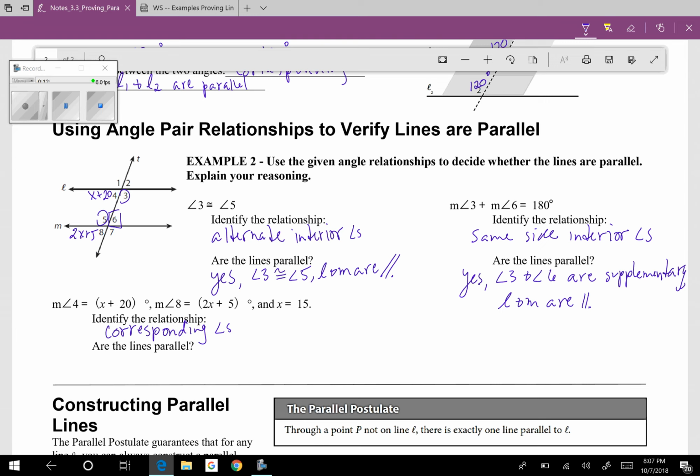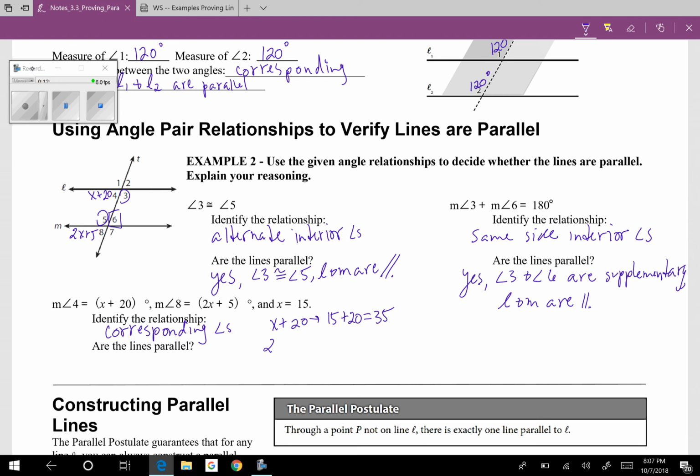And then angle 8 is 2x plus 5, so that's 2 times 15 plus 5, which is also 35. Is angle 4 congruent to angle 8? Yes. So they are parallel. So yes, angle 4 is congruent to angle 8. L and M are parallel. Okay, that's really all there is to it, guys.